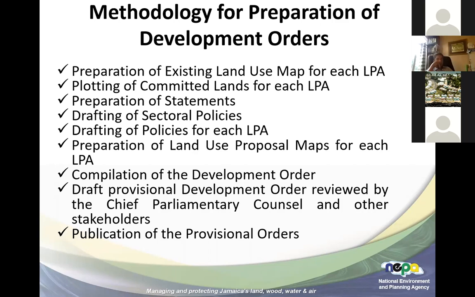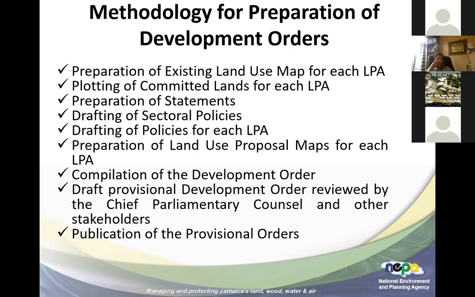We also prepare several statements, sectoral policies and objectives as it relates to the different thematic areas that the order looks at, as it relates to roads, transportation, housing, water supply, waste treatment and disposal, energy generation and conservation of the built and natural environment, etc.